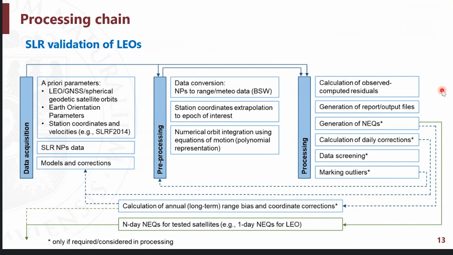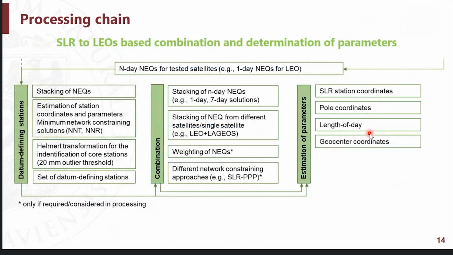And when we have normal equation systems, we can move to the next step, the SLR-based combination and determination of parameters. Here we start with the datum defining stations by stacking of normal equation systems, estimation of station coordinates by using minimum network constraining, and Helmert transformation.